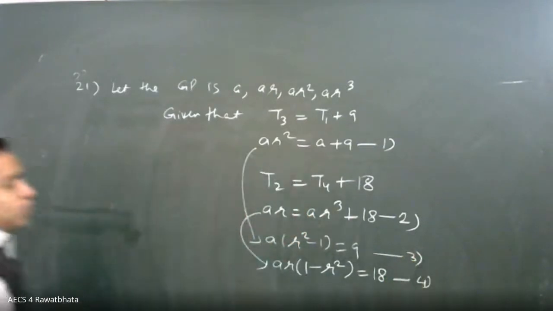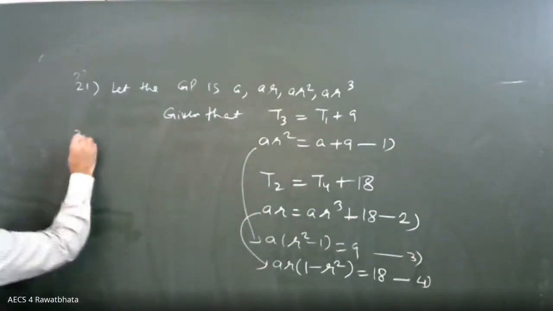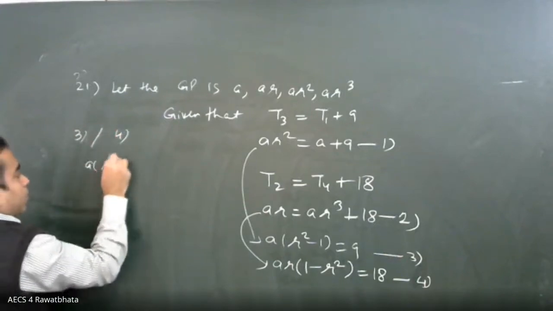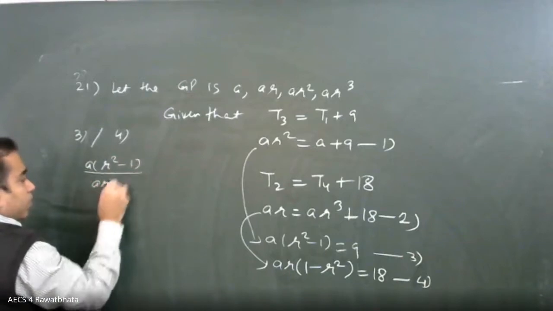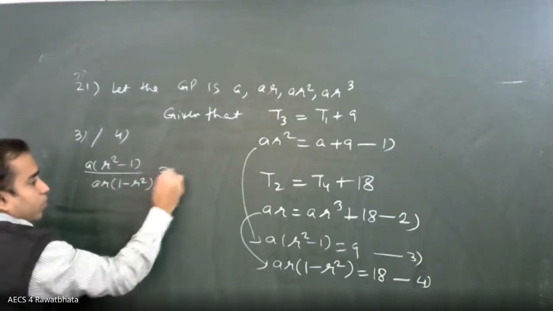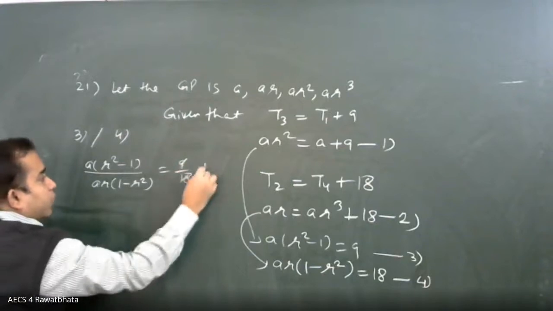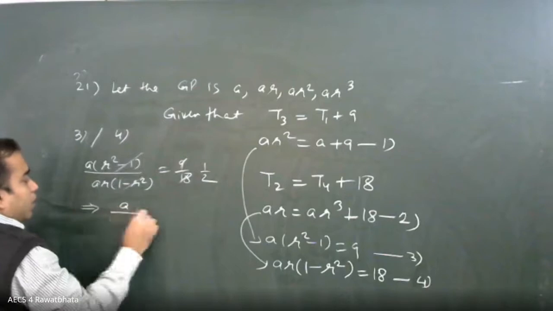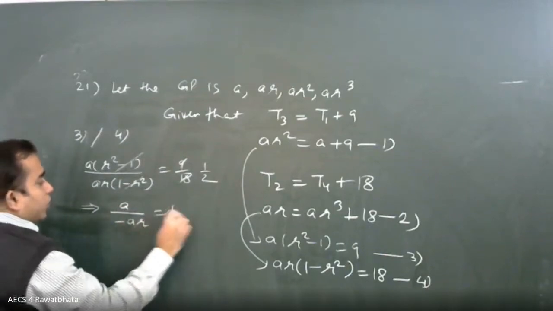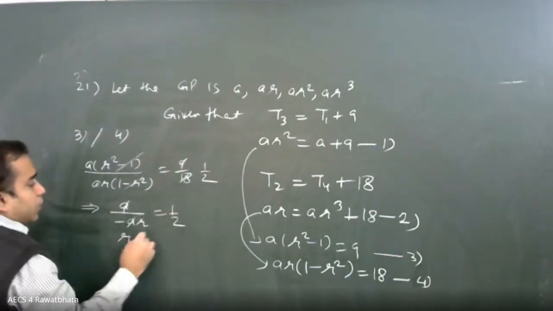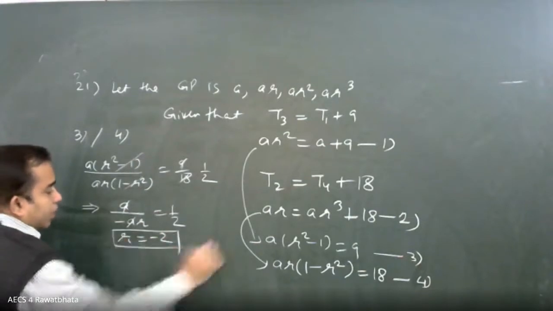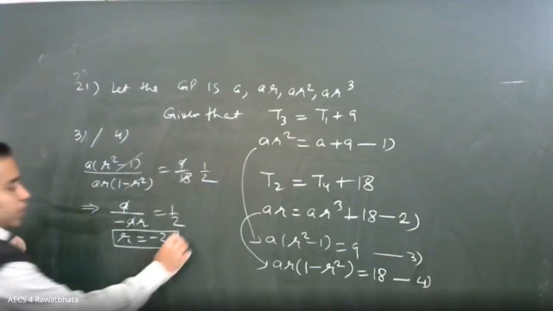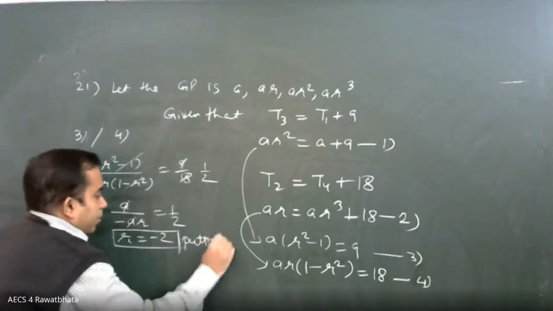Now let us divide 3 upon 4. This becomes 1 by 2. Here minus 1 will remain. a upon minus ar equal to 1 by 2. It means that r is equal to minus 2. Here I get the r value. You can substitute the r value in equation 1 and get a.